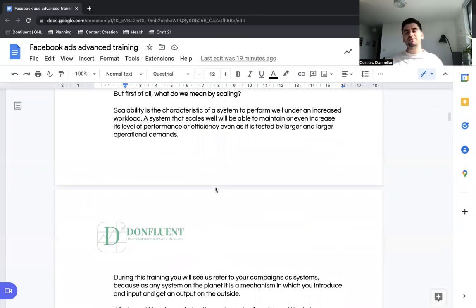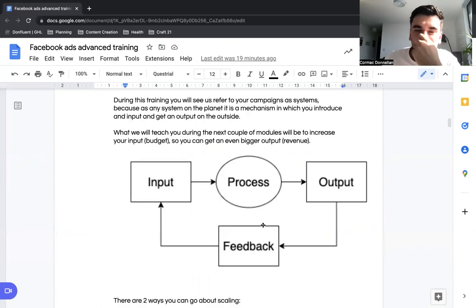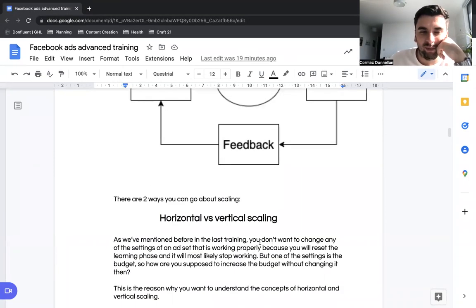What is scaling? Understand what you're actually doing when you're trying to scale an account. It's a great word, but if you don't understand what you're doing, it's going to be very difficult. And during this training, you really need to understand what this process is, what you're actually trying to achieve. And you're trying to get feedback from your market to put more better inputs into your marketing campaign for the process to work better, to get a better output.